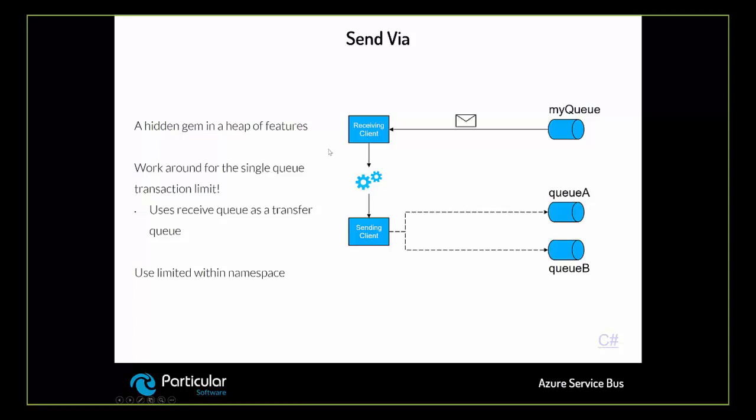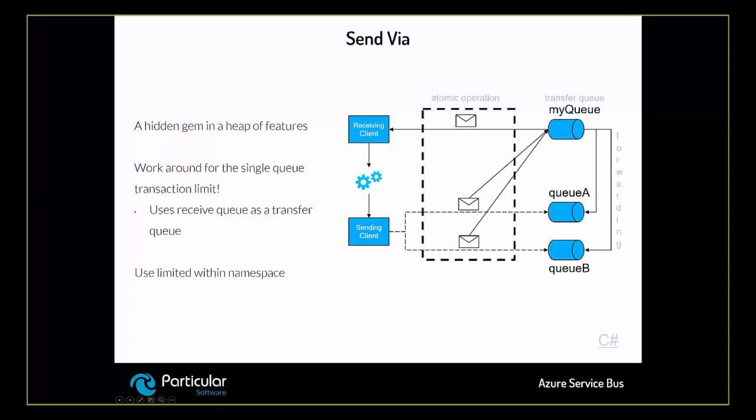The message arriving to the receiving client and receiving client intending to send messages to the queue A and queue B. Behind the scenes, the messages are actually dispatched to the my queue by Azure Service Bus, where my queue is used as a transfer queue.